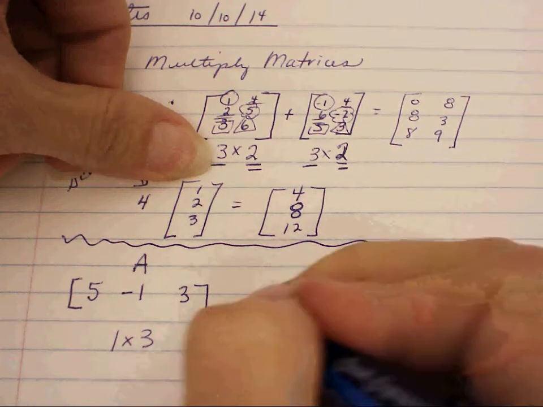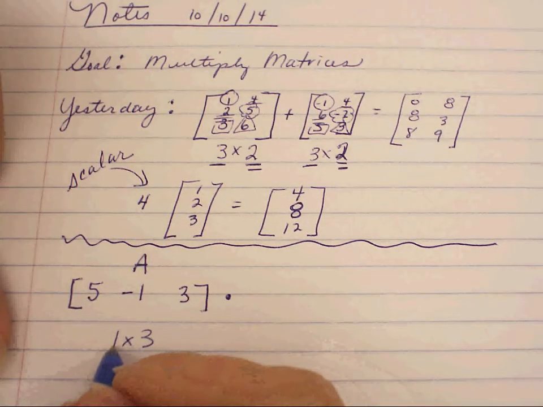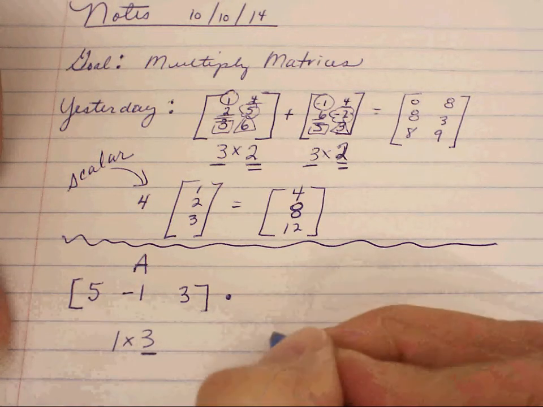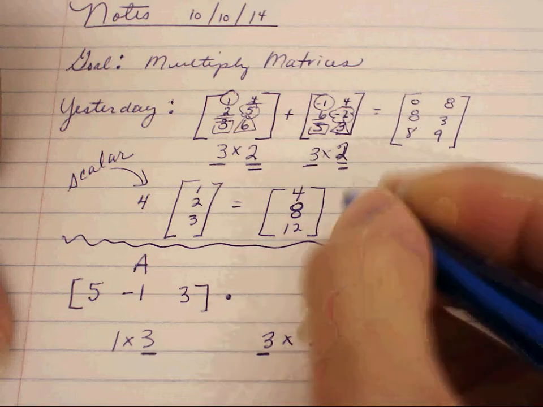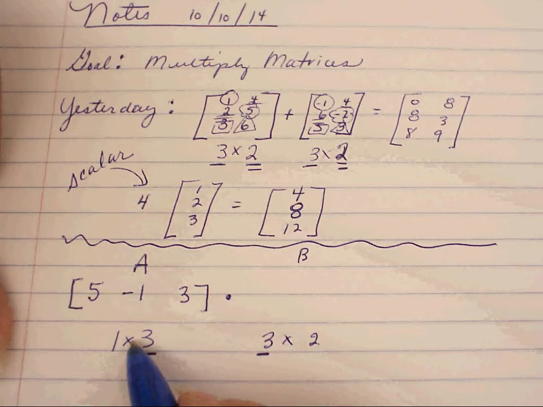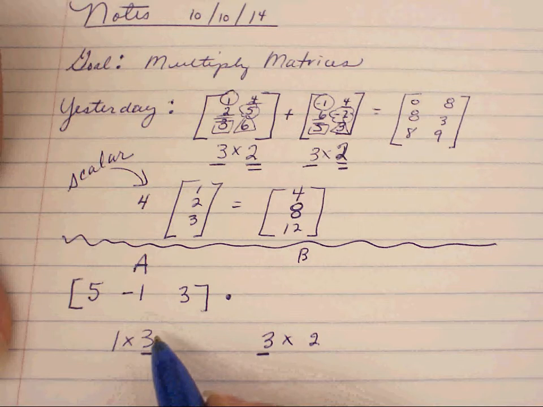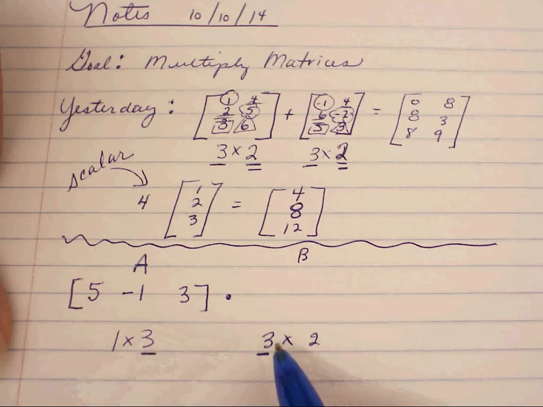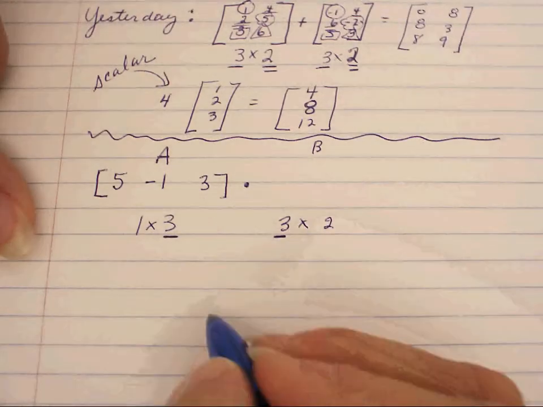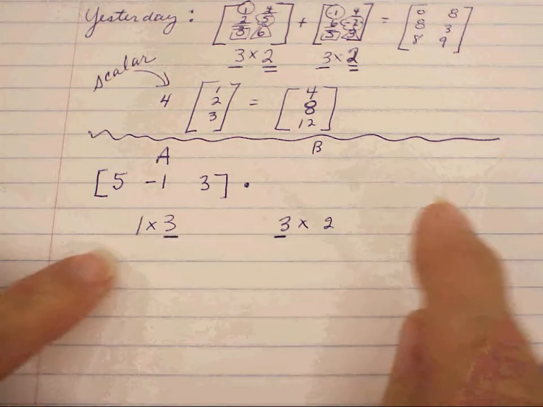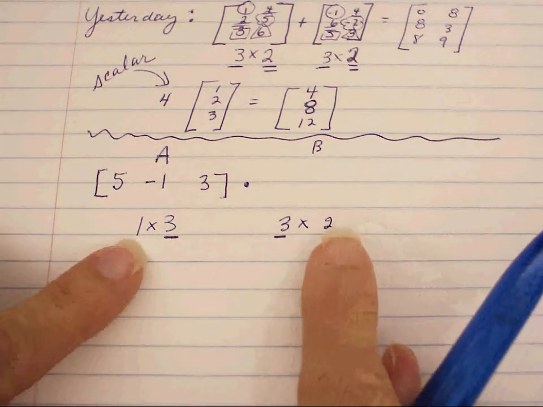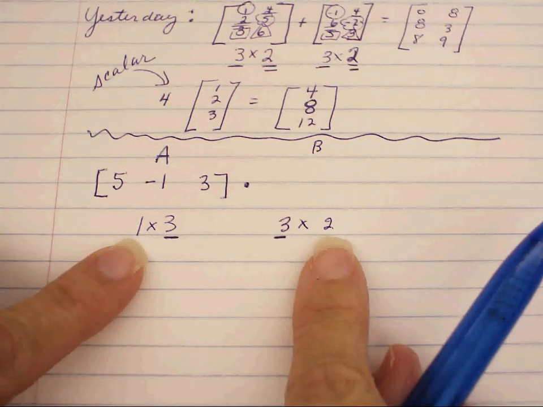Well, in order to multiply, the columns of matrix A have to match the rows of matrix B. So A, whatever its amount of columns is, it has to match B's amount of rows. And the coolest thing happens, those drop out, 3 and 3, and the answer matrix is always the rows in matrix A and the columns in matrix B.